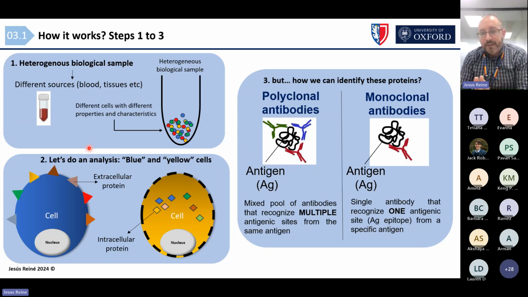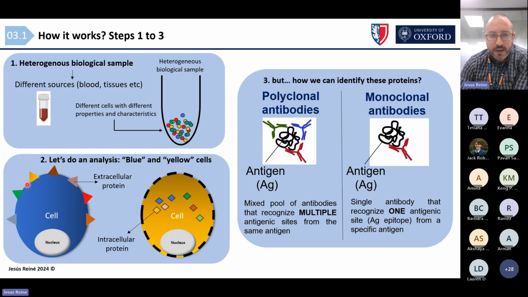Based on this, we can make a small example to understand how this works. Imagine that we would like to analyze the blue and the yellow cells. Obviously, these two cells don't exist, but we put this as an example. So here, the blue cell, which is represented on the bottom left, we can see that on the surface of this cell, we can see different kinds of proteins.